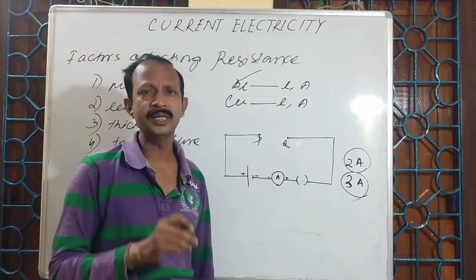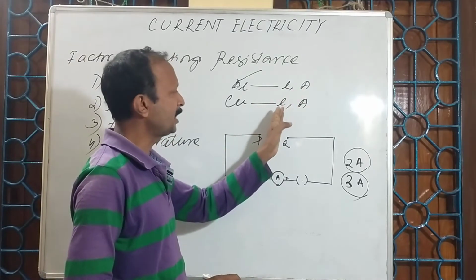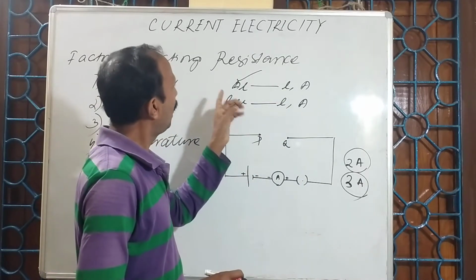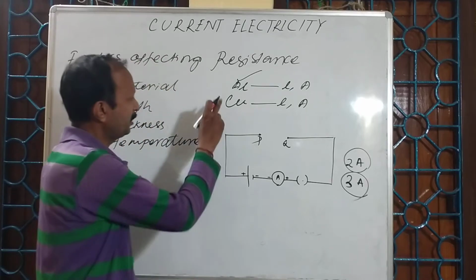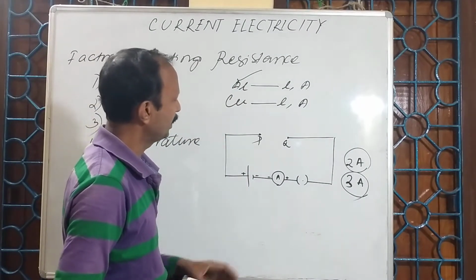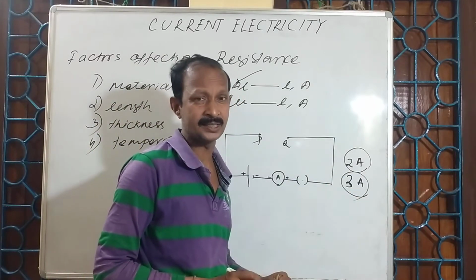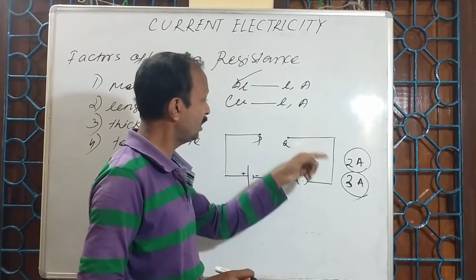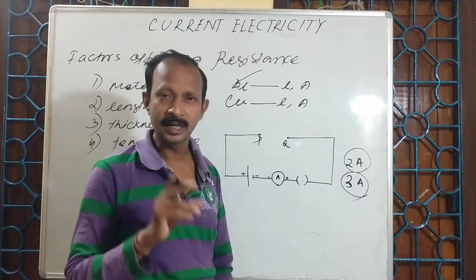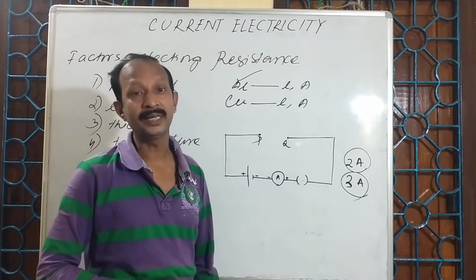Due to the difference in nature of the material. Both have the same length and area of cross section, the same dimensions, but two different materials, and in case of copper the current is more, so resistance is less. That means the resistance depends upon the nature of the material.